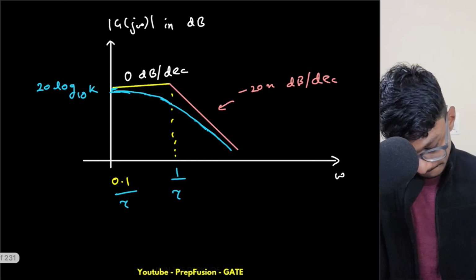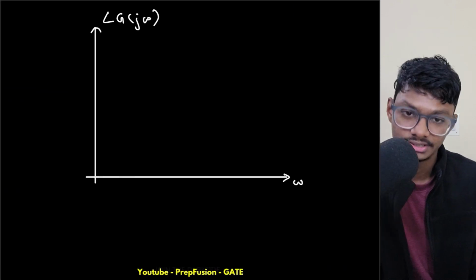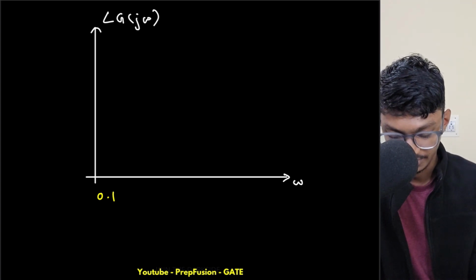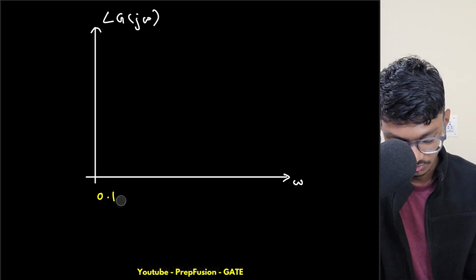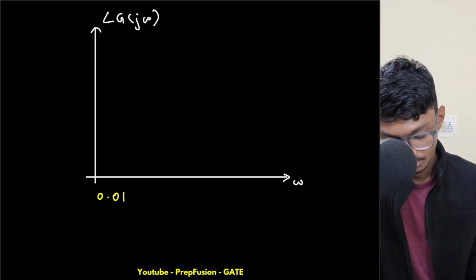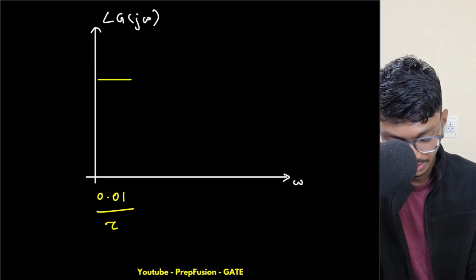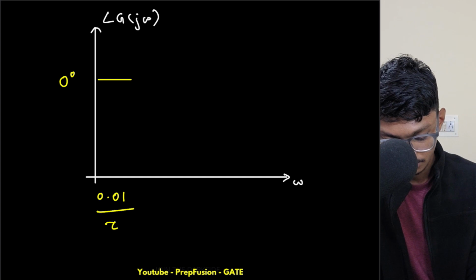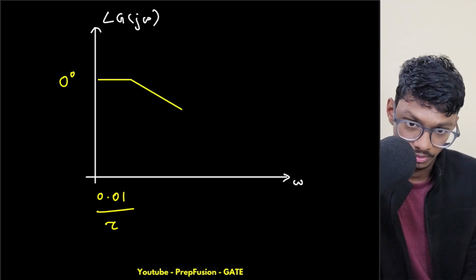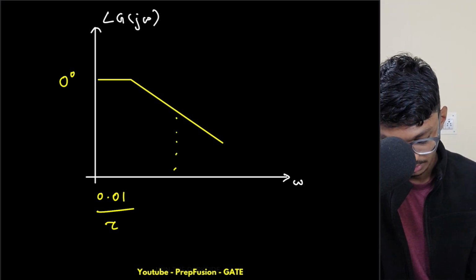G of j omega, for phase. Initially it is 0. Let's not start from 0.1, because 10 times before is redundant, after that the slope comes. So let's start from 0.01 by tau. Obviously it is 0 degrees initially. Then 10 times before 1 by tau, the corner frequency, the slope becomes minus 45 degree per decade, and 10 times after this, the slope becomes minus 45 degree per decade.